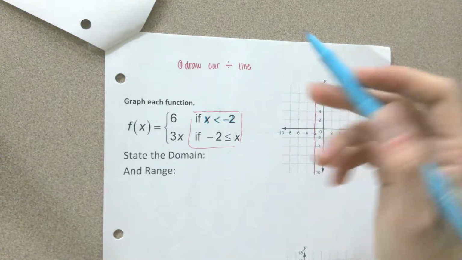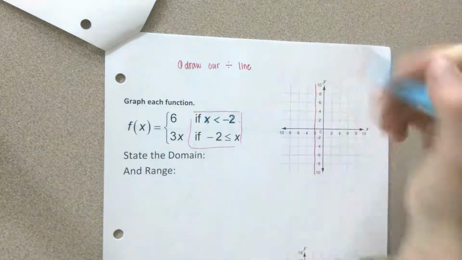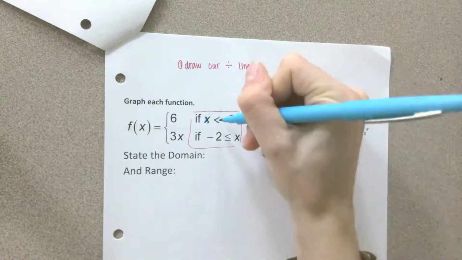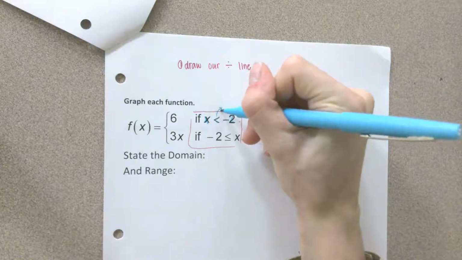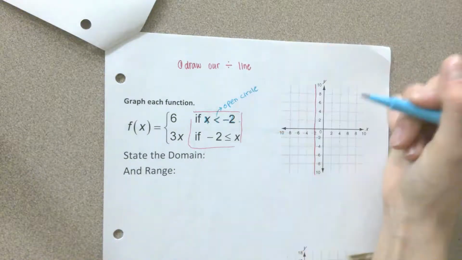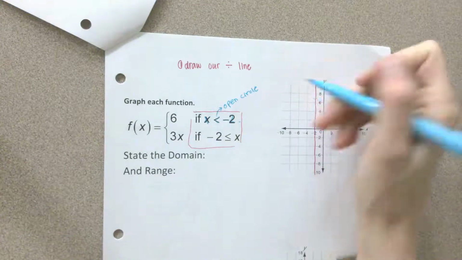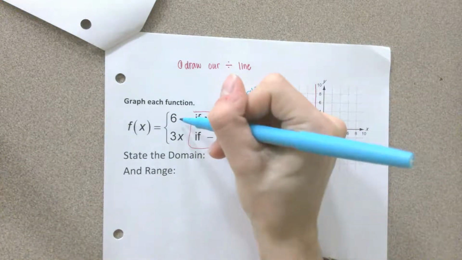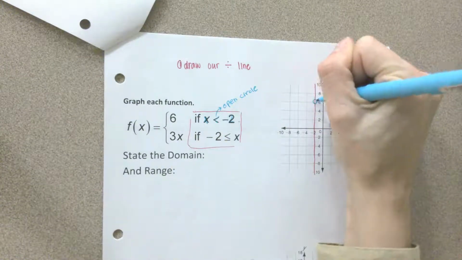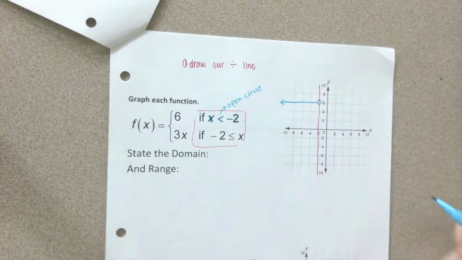Okay, so if x is less than -2, we're going to start at -2. Okay, we're going to have an open circle because it's not equal to -2 at the line 6, y equals 6. So we come up to y equals 6, and at -2 we have an open circle going to the left.